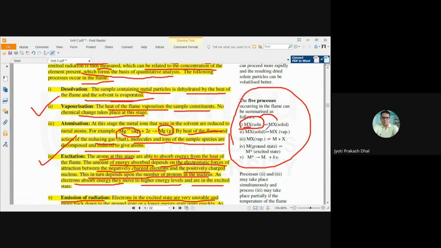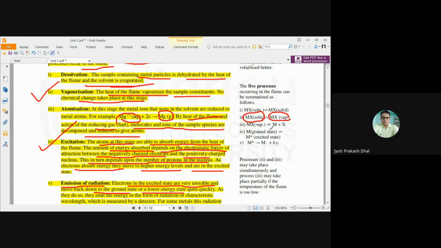So we will find only finely divided solid salt particles, and with the heat of the flame, these will be converted into vapor particles, which then undergo decomposition to metal and non-metal. Suppose you take sodium chloride; it will decompose to gaseous sodium atoms and chlorine gas. So NaCl will decompose to Na gas plus half Cl2 gas.